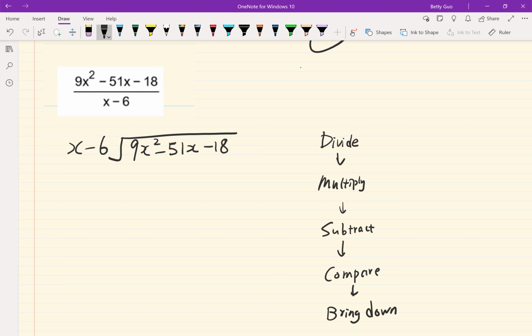You distribute, right? 9x times x, and 9x times negative 6 is negative 54x. That's the product, right? What product below that?